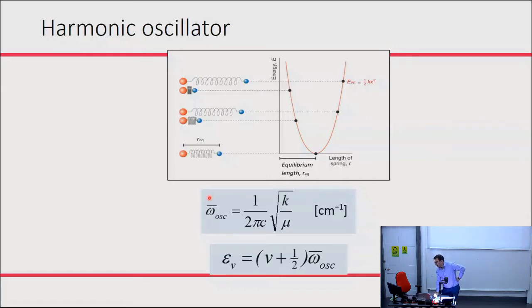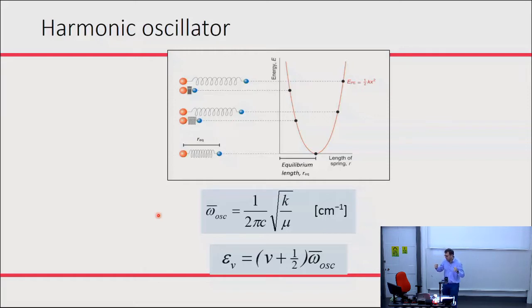So we define that oscillation frequency, spectroscopic transition, whatever you want to call it, as 1 over 2 pi c times the square root of the force constant, the sense of strength of the bond, divided by the reduced mass, the heaviness of the atoms. So the heavier the atoms, the slower the vibration.